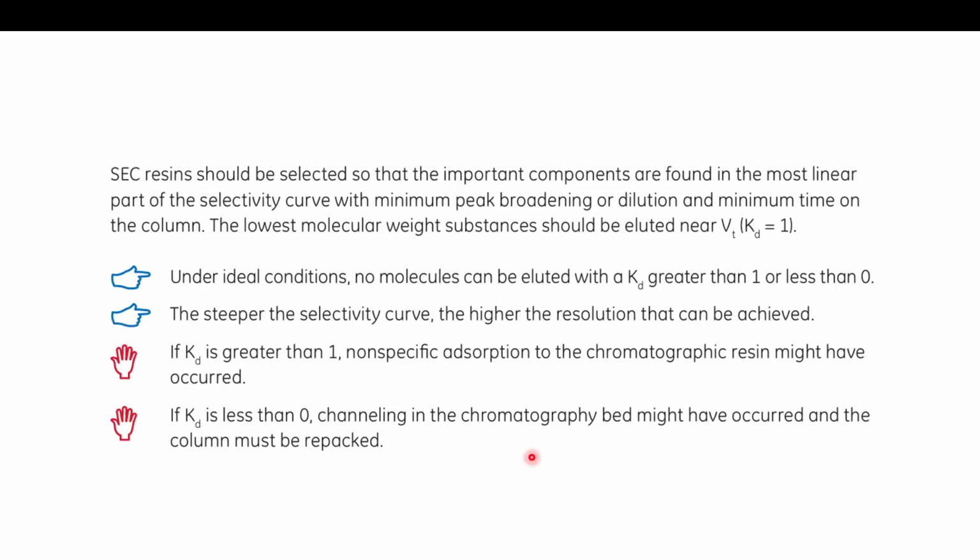Now, SEC resins should be selected so that the important components are found in the most linear part of the selectivity curve with minimum peak broadening. Peak broadening means how sharp or how broad the peak is. Depending on that, it also tells about how pure your separation was, how pure the eluted or fractionated sample is, or dilution.